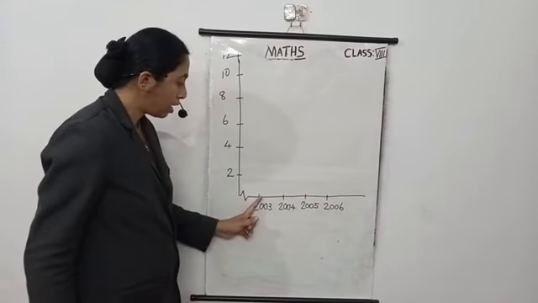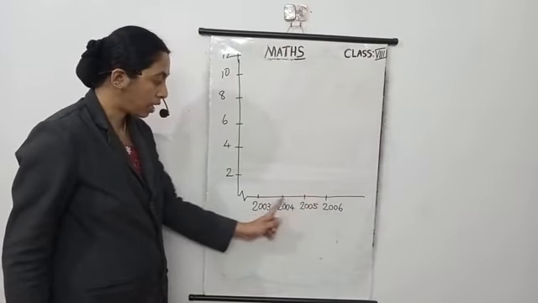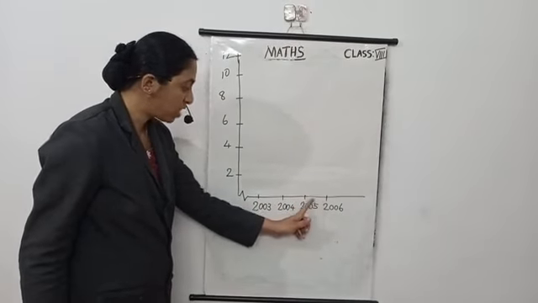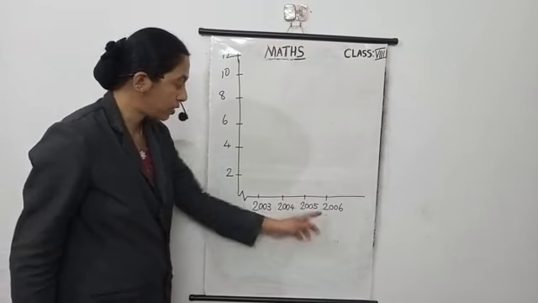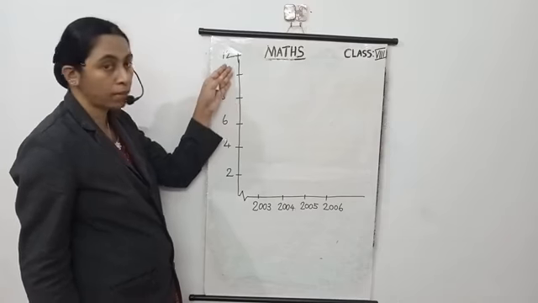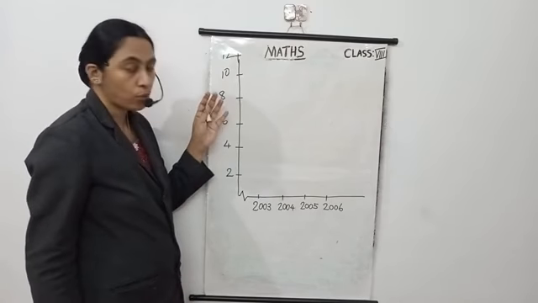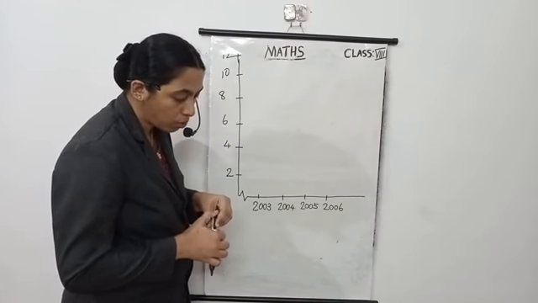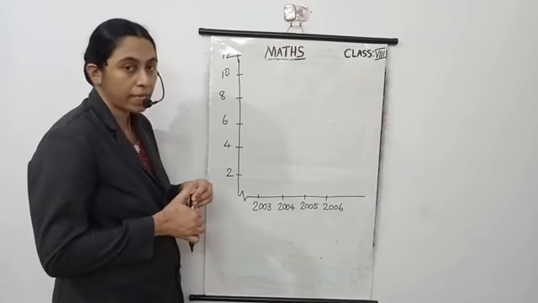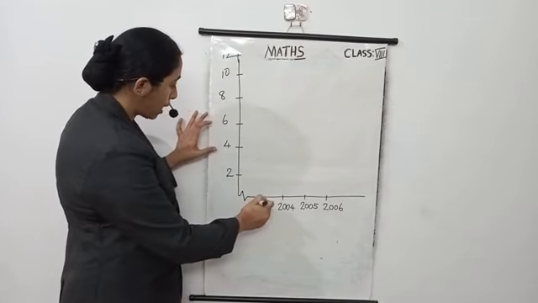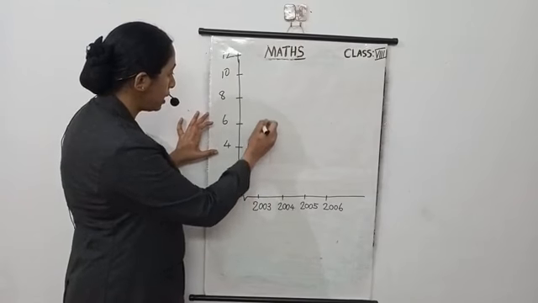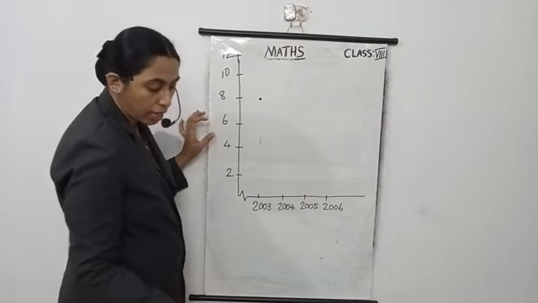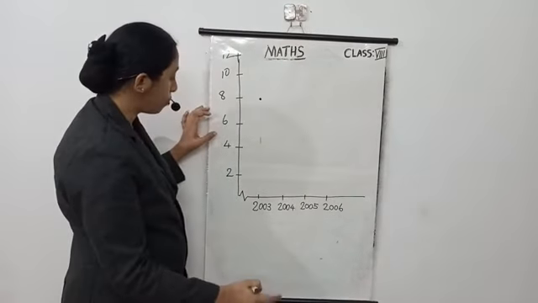Keep the same gap between these years. You are drawing in a graph book, so it is very easy. Now 2003: how many days? 8. Corresponding to 2003, 8 days, so here we put a dot. Now corresponding to 2004, 10.